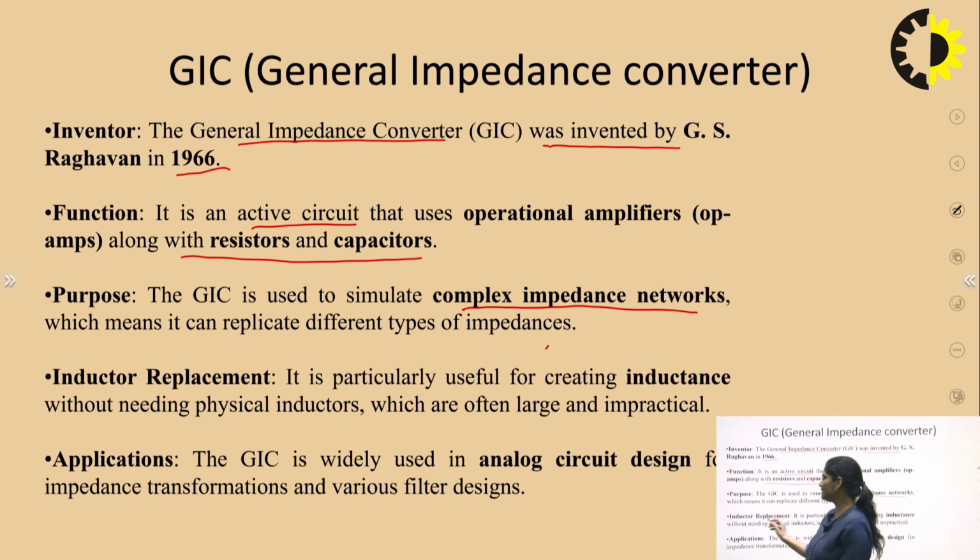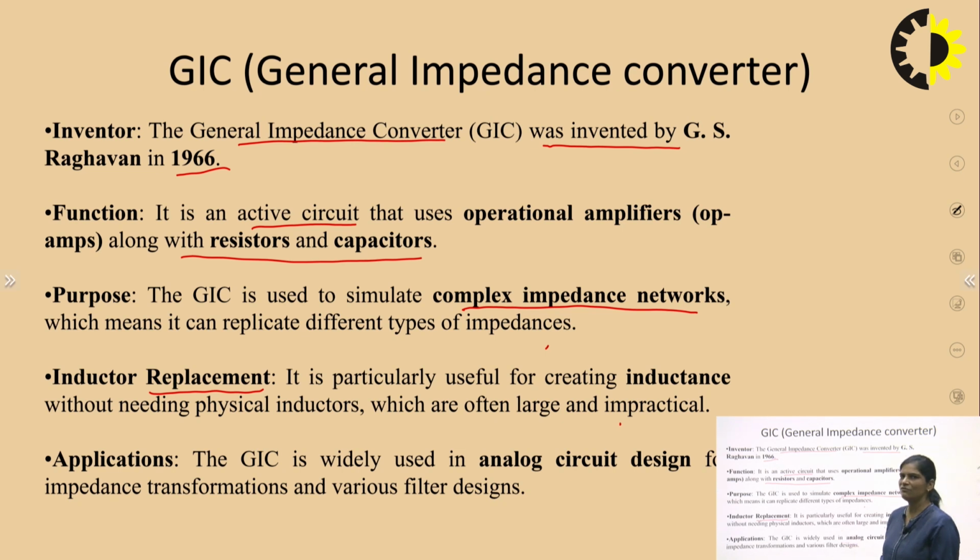Now, inductor replacement. It is particularly useful for creating inductance without needing physical inductors, which are often large and impractical. We will see when we derive this General Impedance Converter that in the end we are not connecting any inductor, and we can find out the value of the inductor with the help of a resistor and a capacitor.